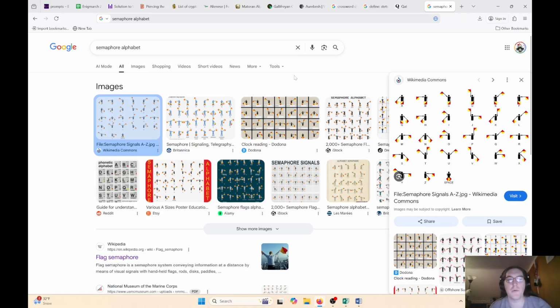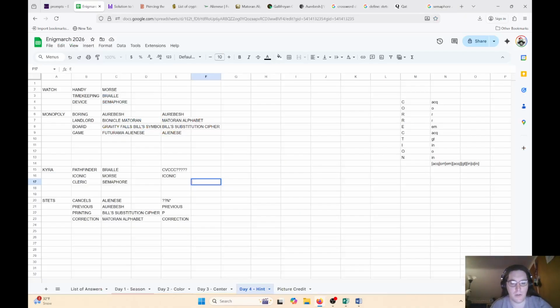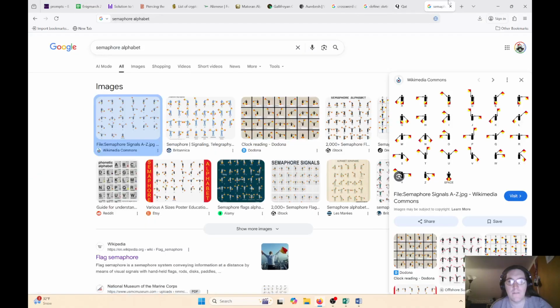Okay, what if they got rotated? So it starts with I. Yeah, no, that's not correct. It would be straight up and out. Straight up and out that way.